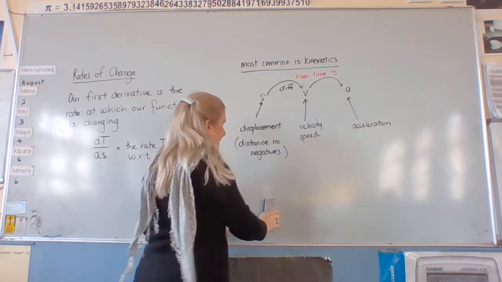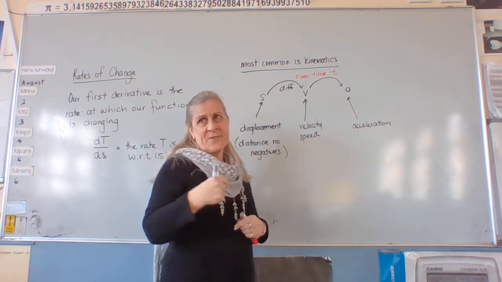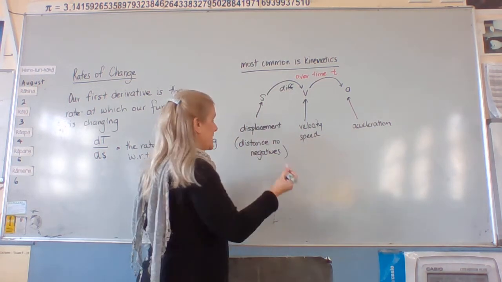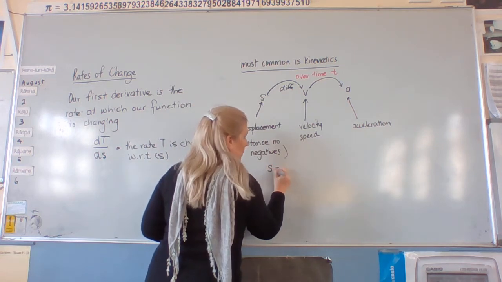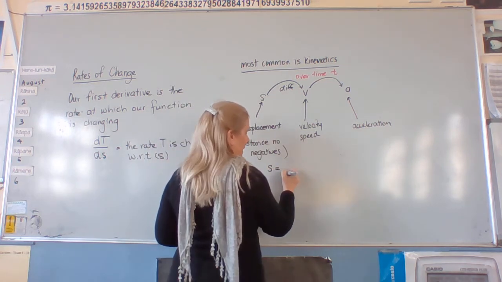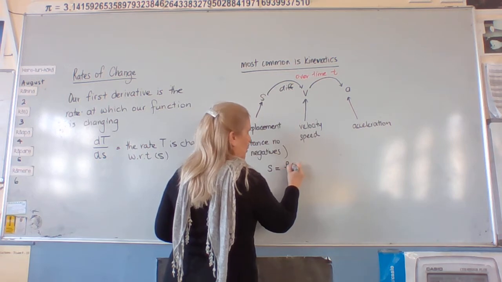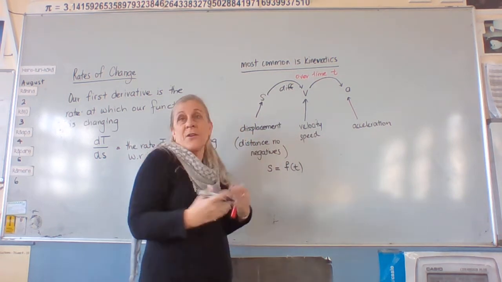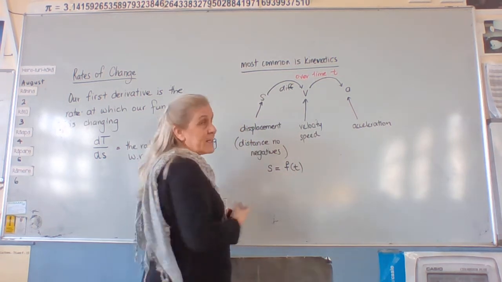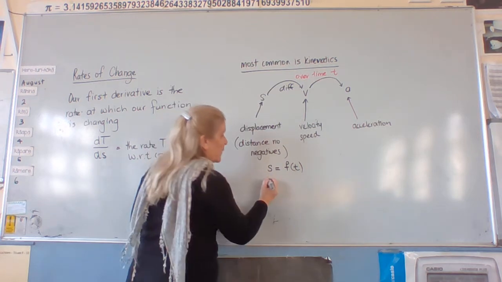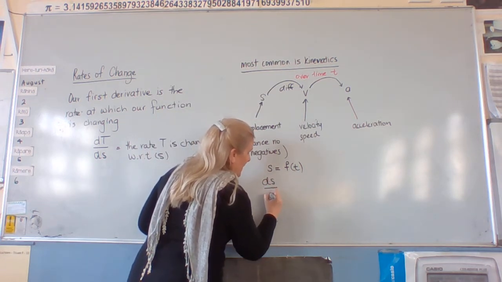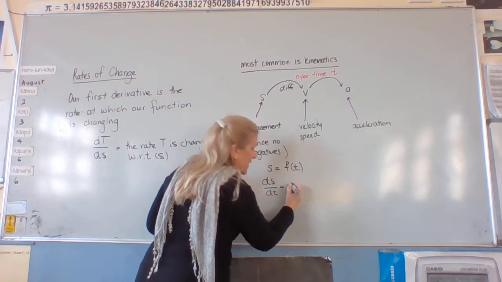So what we would see here is not S dash V dash A dash. What we would be seeing is that S equals la-di-da-di-da in terms of t, a function of t. All right, I don't know what it's going to say, but it's going to have t's in it for time. The next thing we're going to do is the distance over the time, which is v.